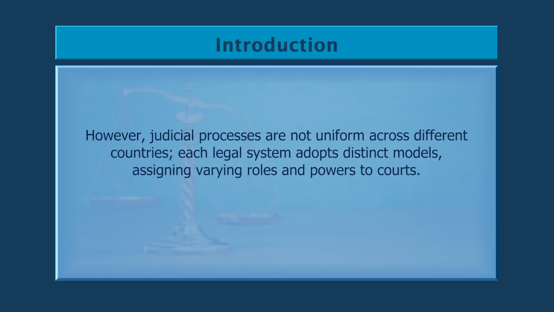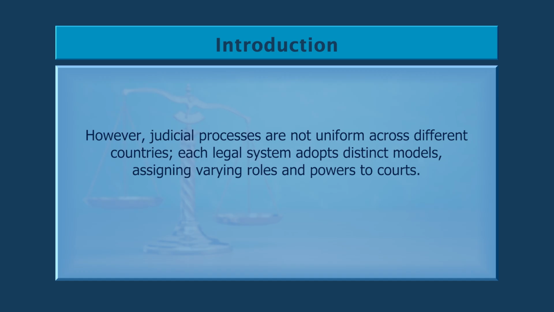For those affected by the legal system, it encompasses a framework of laws, binding norms, procedures and institutions through which individuals can seek justice. However, judicial processes are not uniform across different countries.